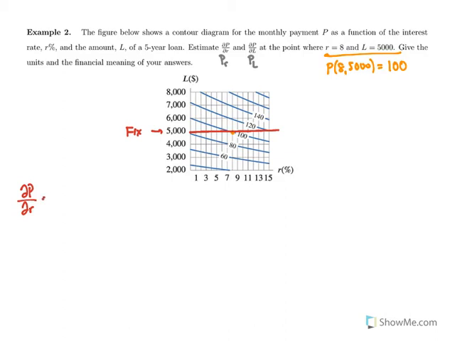And what I want to do is it's just going to be an estimate, but we're going to try to find two function values and then divide by the corresponding inputs. So we already have one of those. How about P of 8, 5,000.